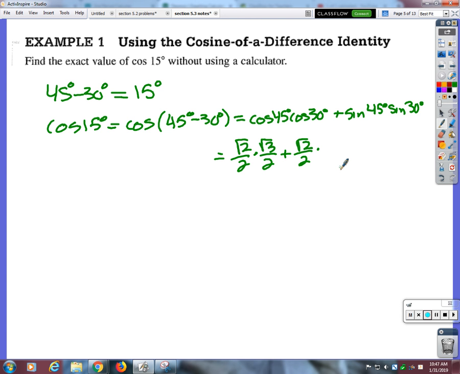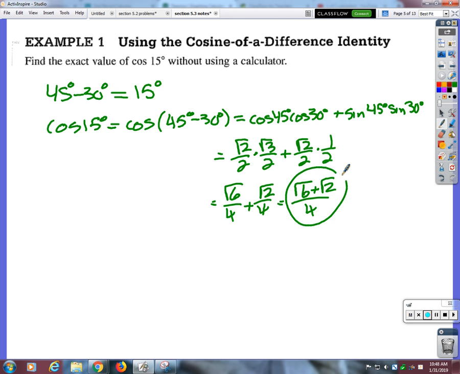And what's the sine of 30 degrees? 1 over 2. Right? So this simplifies to square root of 6 over 4 plus square root of 2 over 4, which we can write as root 6 plus root 2 over 4. Can't combine those square roots because they're not the square root of the same number. Okay?